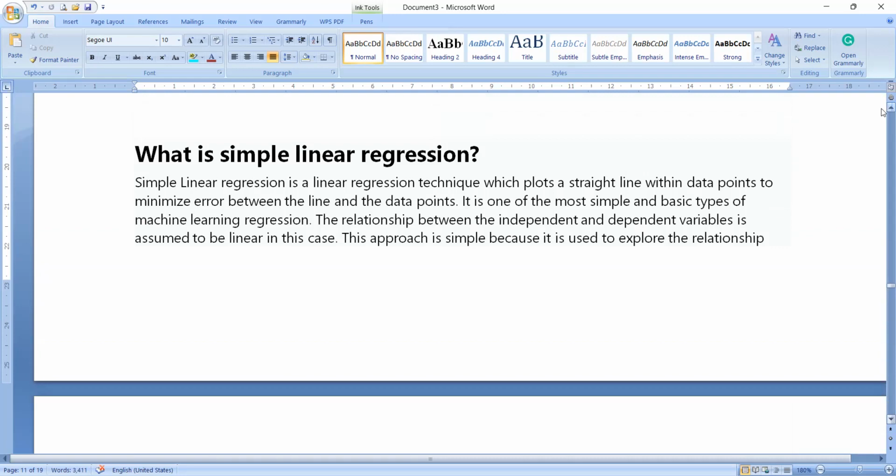Simple linear regression is a linear regression technique which plots a straight line within data points to minimize the error between the line and the data points. It is one of the most simple and basic types of machine learning regression. The relationship between the independent and dependent variable is assumed to be linear in this case.